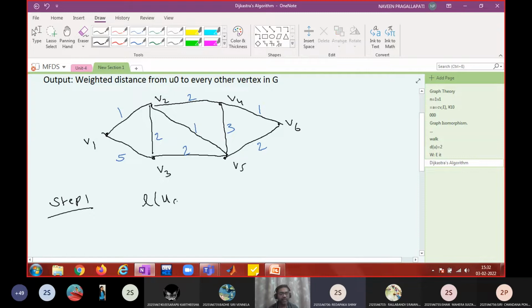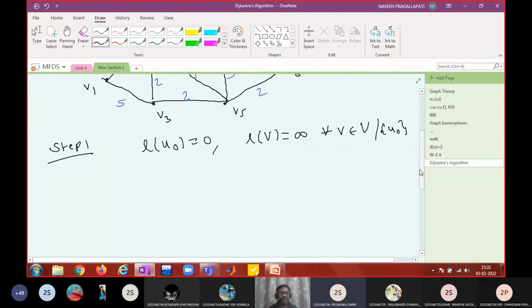You assign L of u0 equal to 0, and assign infinity to all other vertices in the graph, for all v belongs to vertex set minus singleton u0. So this is your first step.